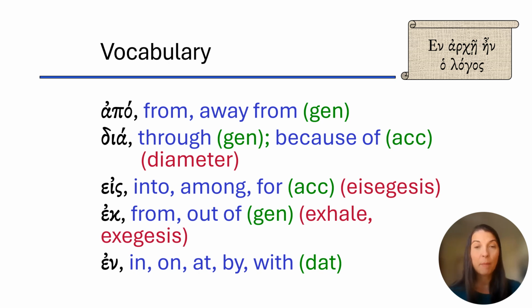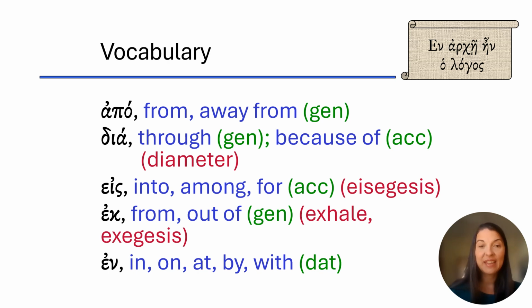So apo means from or away from. Dia means through in the genitive, but because of in the accusative. Eis means into, among, for, and it typically takes the accusative. The vocabulary will say these words typically take that case.